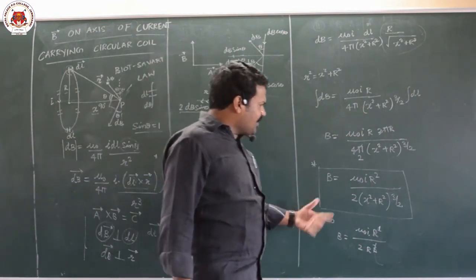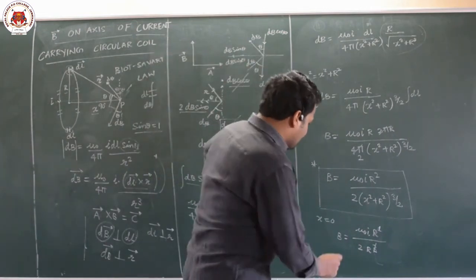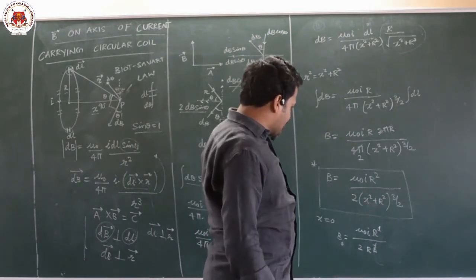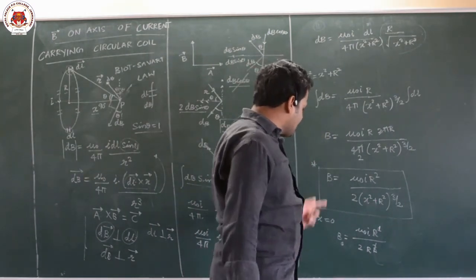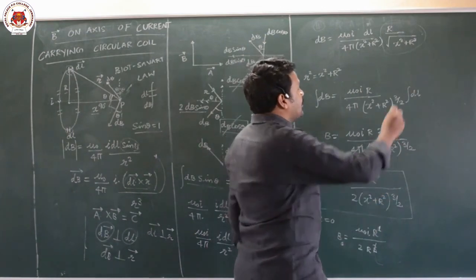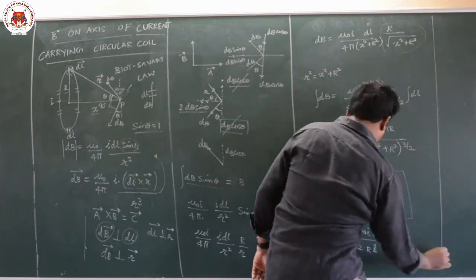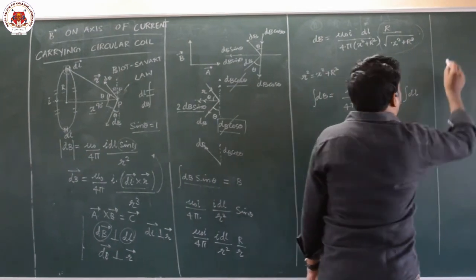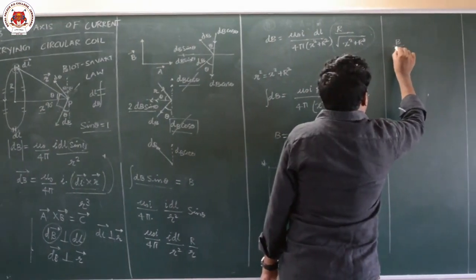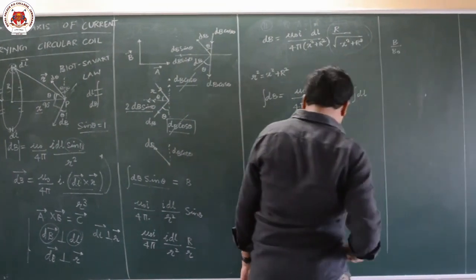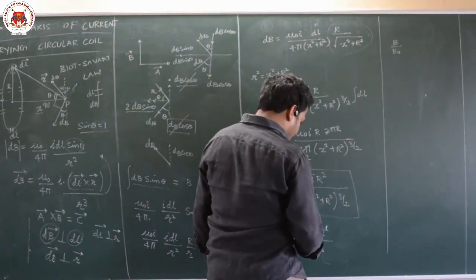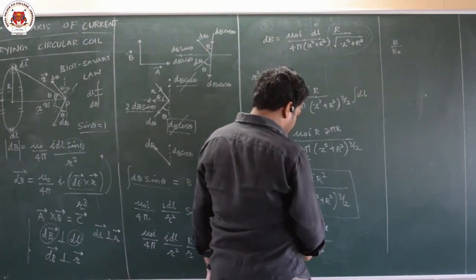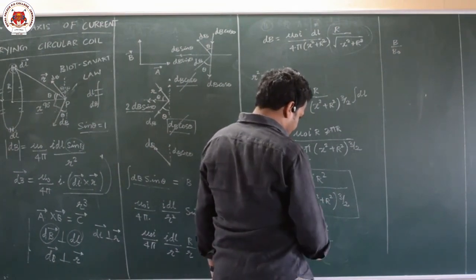And there may be some relationship between this. You can take this as B naught and this as B, and divide B by B naught, you will get some relationship between B and B naught. If you divide B by B naught, mu naught I will get cancelled, and 2 and 2 also will get cancelled.